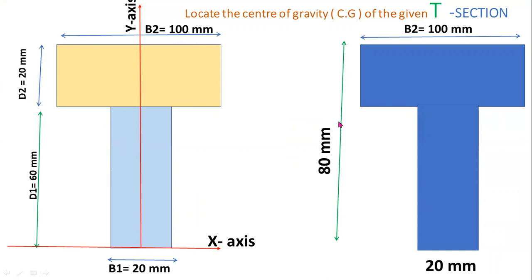Here the given T section is symmetric about the y-axis, so the centroid of a T section always lies on the y-axis, on this symmetric axis.